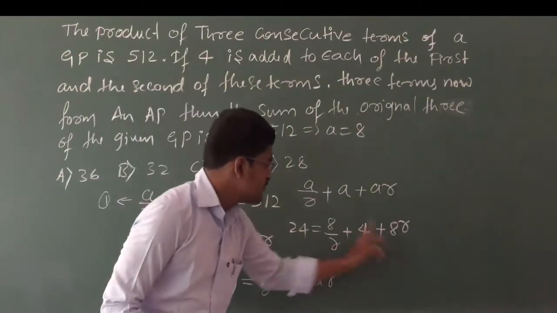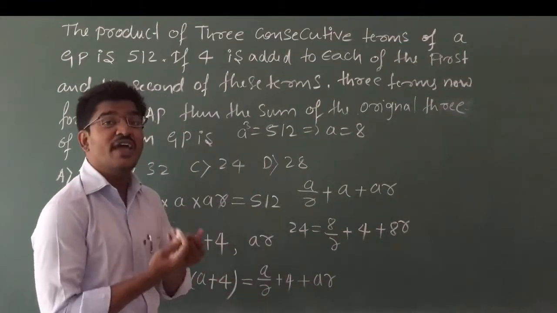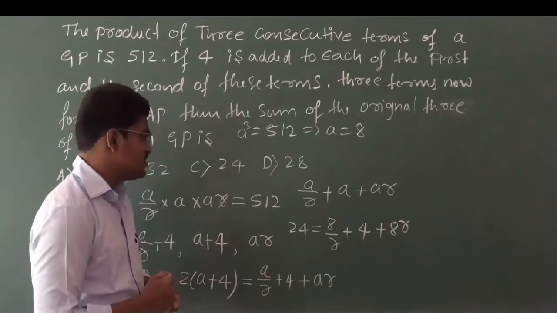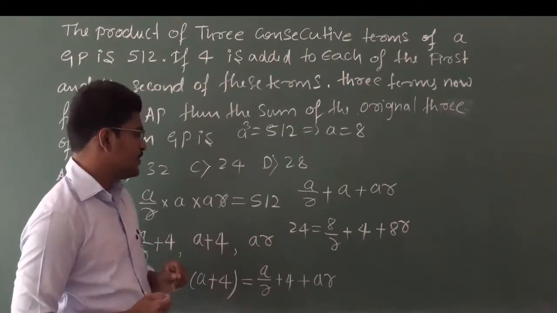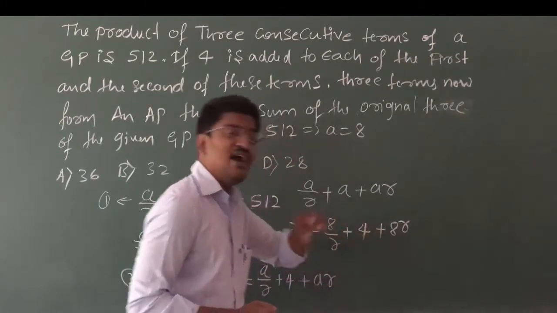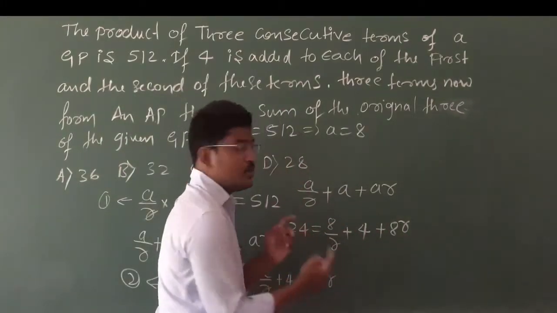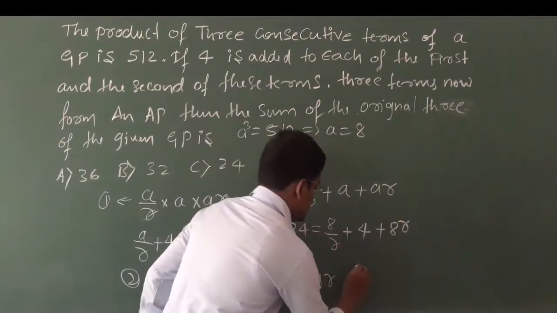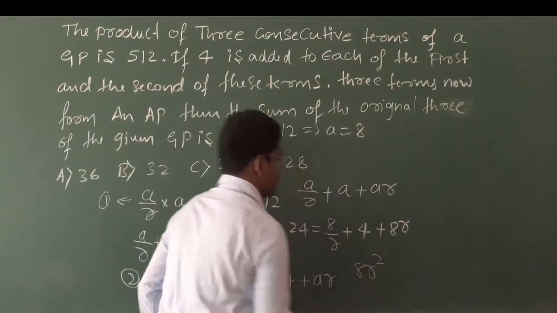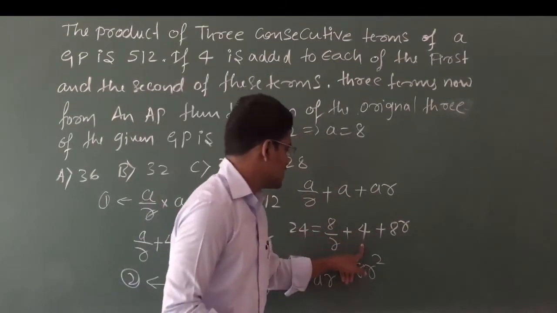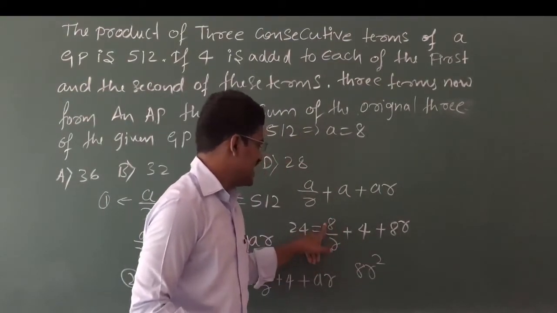So now if you simplify this, it will be an algebraic term. How is it going to be an algebraic term? Let us see. R into R will be R square. R into 4 will be 4R because the LCM is R. So it will be 8R square. This is 24. If I take it on this side, this is 4R. Here it is 8.